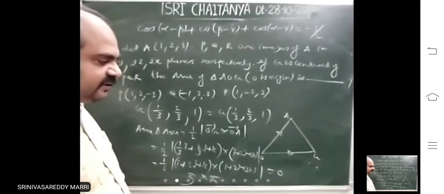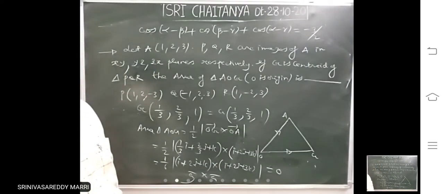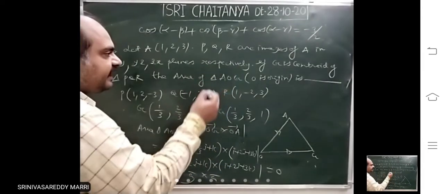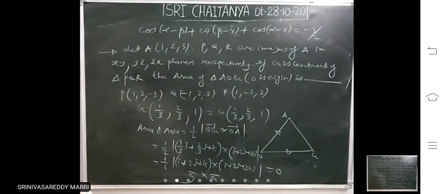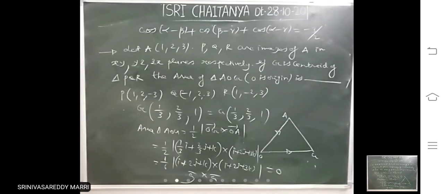So after calculating, you got 0, which means they are collinear. Whenever images are given, generally for this type of problem, the area will be 0.